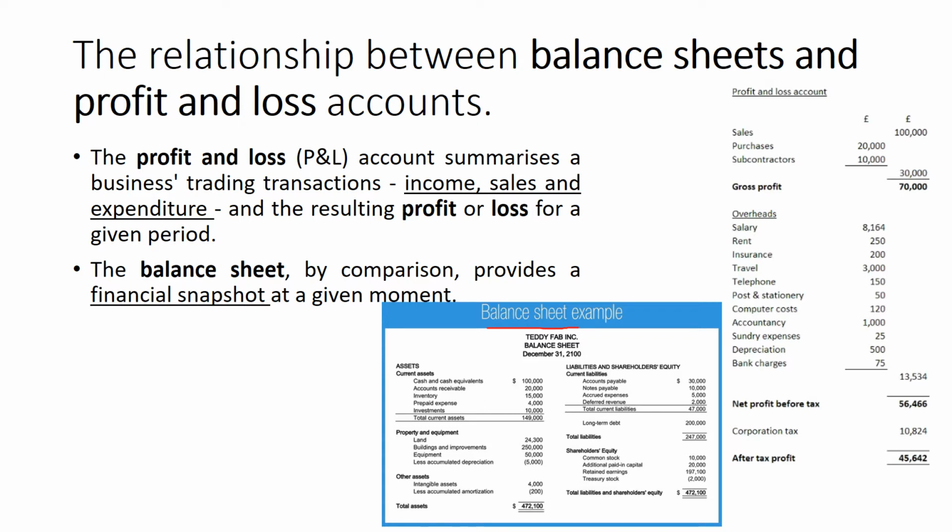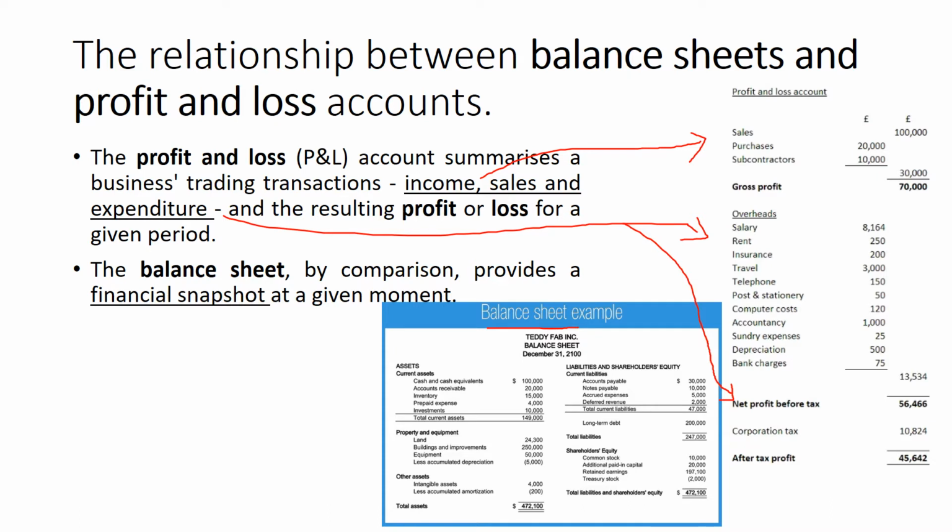Profit and loss summarizes a business strategy and solution based on the income, sales, and also the expenditure, and then after that, the resulting profit or loss for a given period.